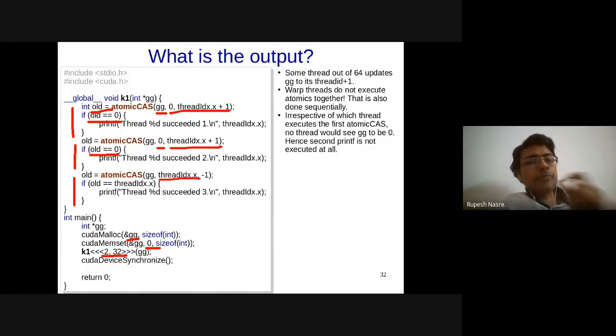And if I am that thread whose value is currently the same as GG, then I'm going to execute successfully this atomic cache and I'm going to reset it to -1.